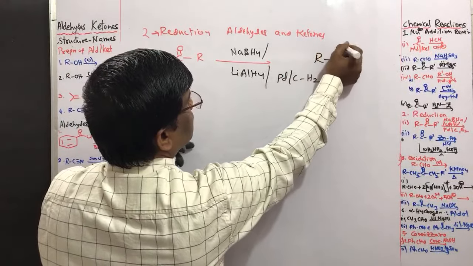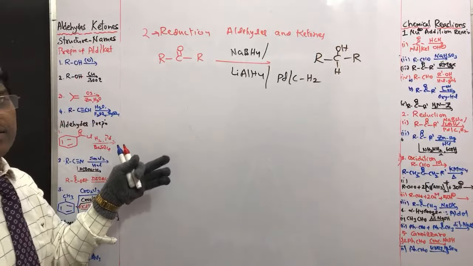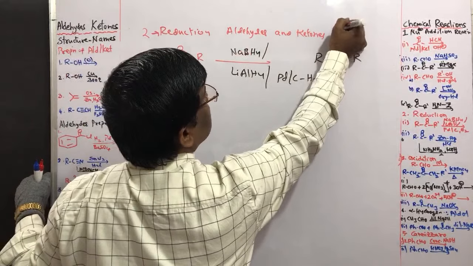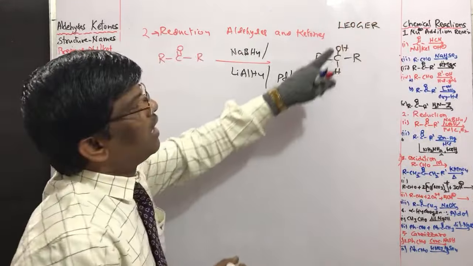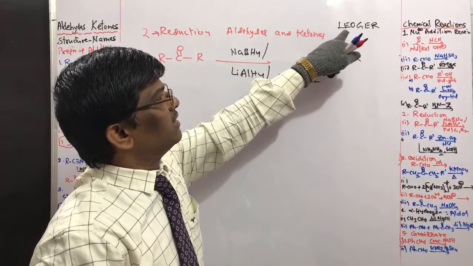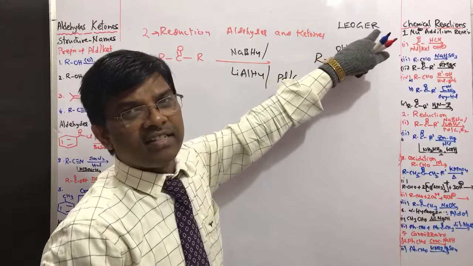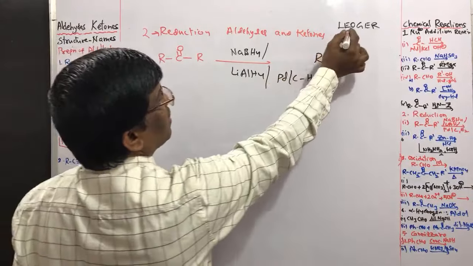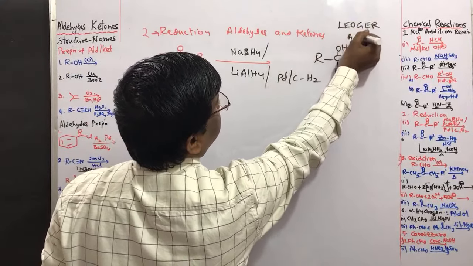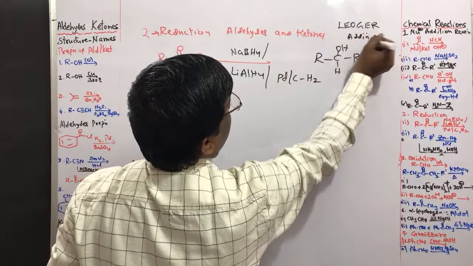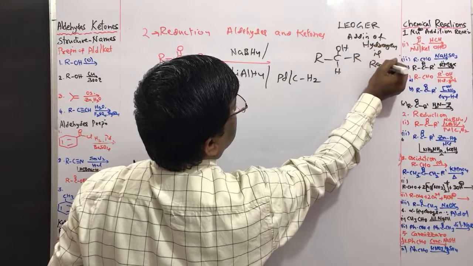This is OH and hydrogen. So what is reduction? Loss of electrons is oxidation, gaining of electrons is reduction, or addition of oxygen is oxidation, and here addition of hydrogen is reduction.